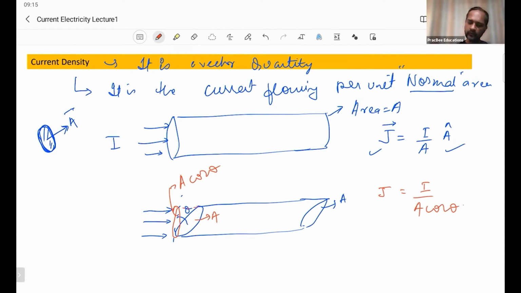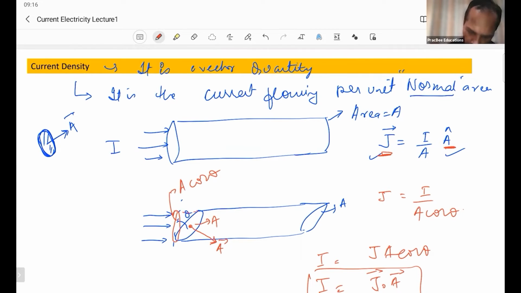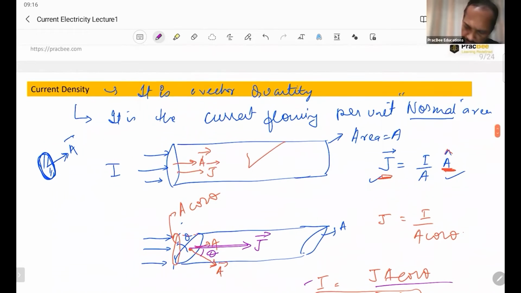Fine. So we sometimes also write I is equal to J dot A because this is JA cos theta. So I can write I as J dot A, dot product of current density and area vector. So here the area vector was in this direction, so I took this as unit vector here because J will also be in the same direction. I'll make it simple.